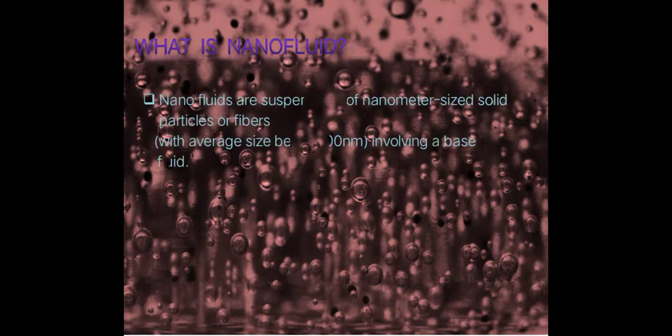So, what is nanofluid? Nanofluids are the suspensions of nanometer sized solid particles or fibers involving a base fluid. The particles which are used are basically nanoparticles whose size should be below 100 nanometers.